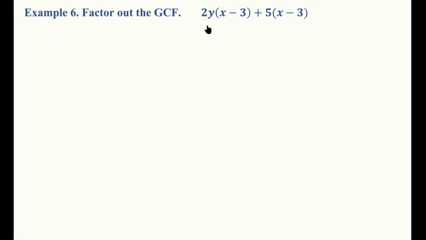So the only sign in this problem that's separating terms is that sign. So this whole product here, 2y times x minus 3, is considered one term. And this is considered one term.